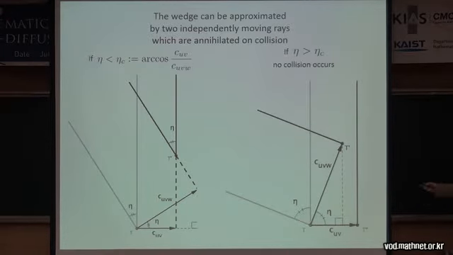If instead the angle is greater than this, the horizontal component of the velocity of the left front will be less than the speed of the right front. So the tip of the wedge will separate into two tips because the rays will not collide. This may be an explanation for why, when eta is greater than eta c, we don't observe convergence to a traveling wave.